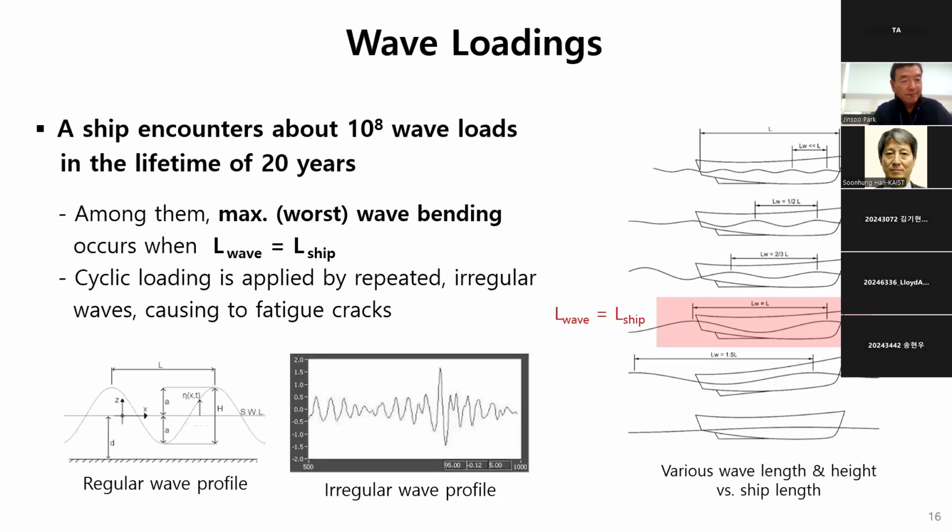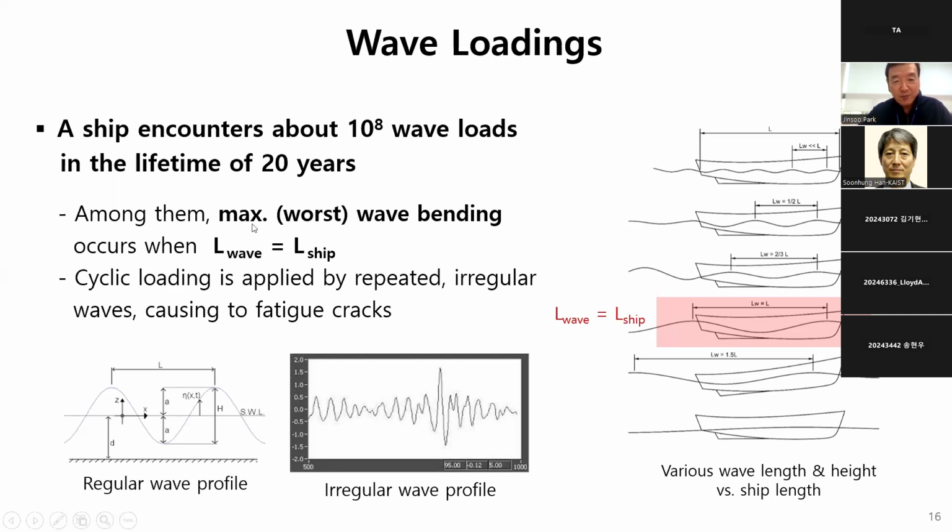Wave loadings. When we design a ship, we assume that the ship encounters about 10 to the 8, 100 million wave loadings during her voyage. So we should consider all of those wave loadings in our design stage in calculation of structural strength.